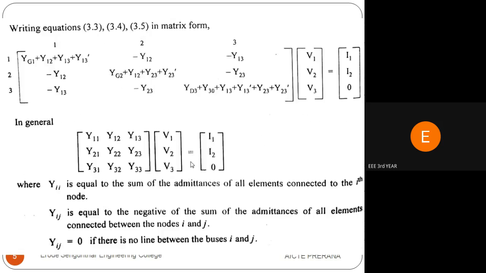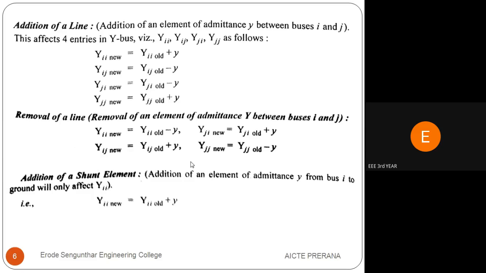And if we want to add an admittance to any network or any node, that is, add an element of admittance Y connected between nodes i and j, and consider the addition of lines. If we want to add an element, we have to add that admittance to the diagonal values.